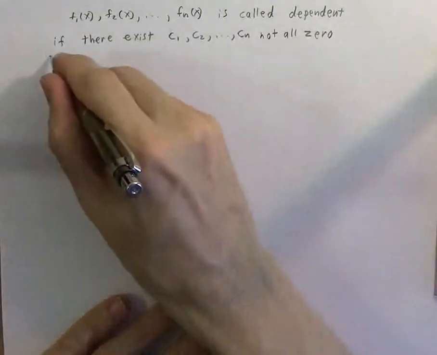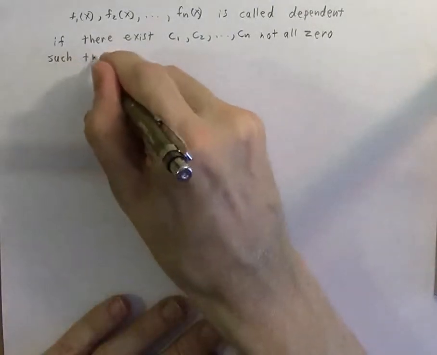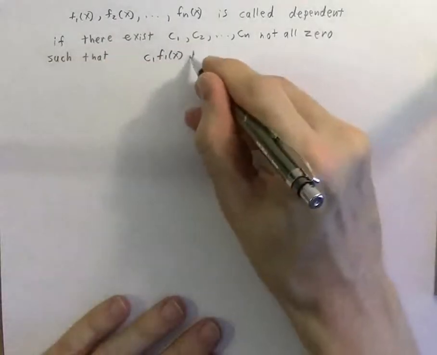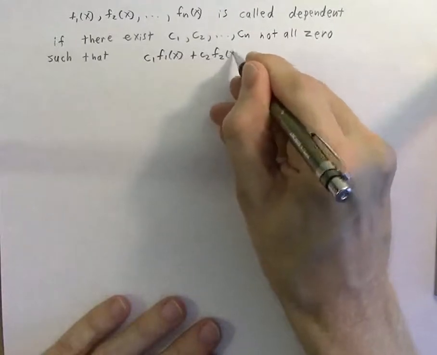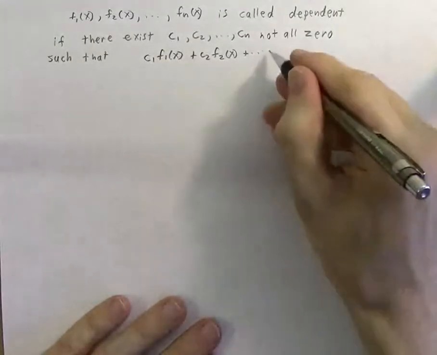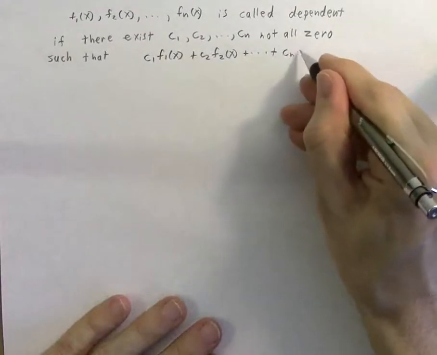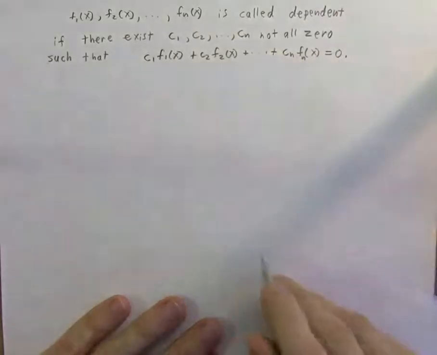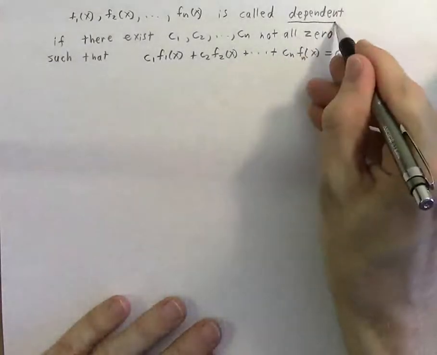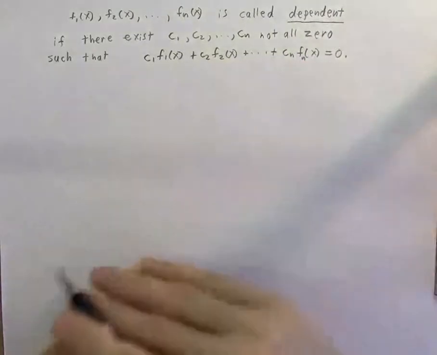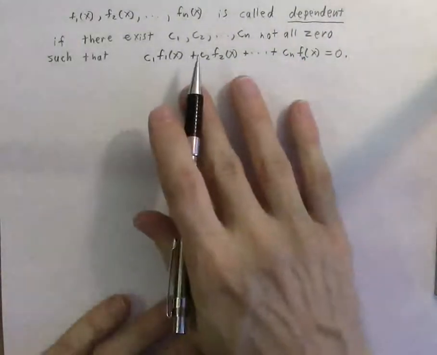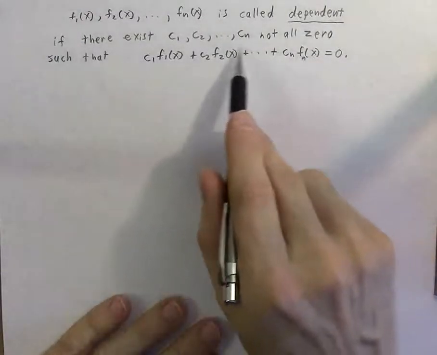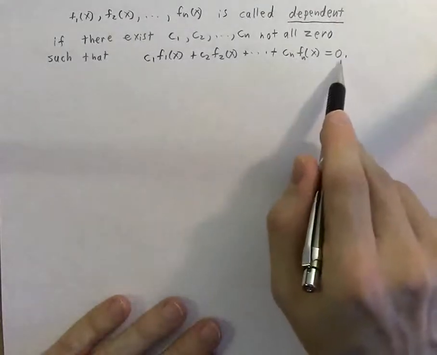So not all 0, such that the linear combination C1 f1 of x plus C2 f2 of x, and do that same thing for all of these, plus Cn fn of x is equal to 0. So we're defining here a word called dependence. So this is what it means for functions to be linearly dependent: if there's a linear combination of the functions that will produce 0.